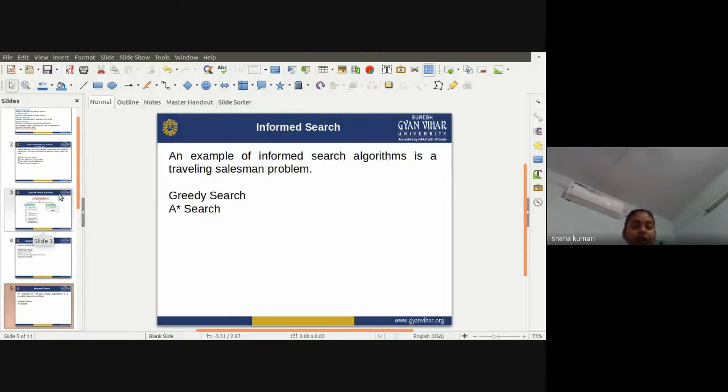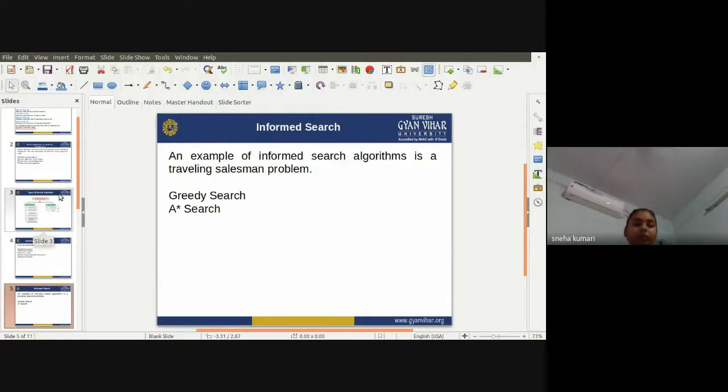In uninformed search we have to find every path, and after that we apply the optimality rule and find which one is the optimal solution. But in informed search, one extra function we apply with the algorithm is known as the heuristic function, and that heuristic function minimizes the problem of goal finding in the state space.